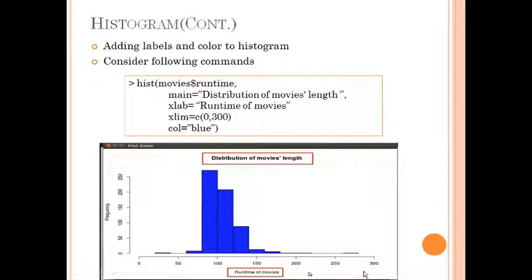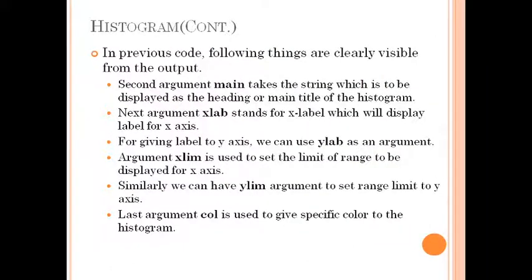Now you can see 0 to 300 is completely occupying the entire data that has been created by the histogram. The next attribute is the color attribute, col, using which we can specify a particular color for our histogram. These are the explanations of those arguments.